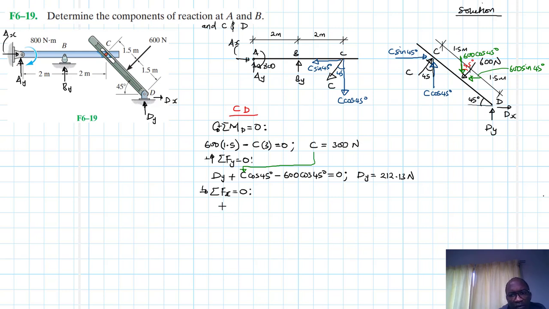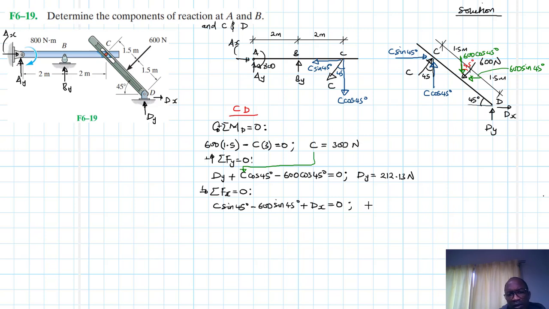What do we have? We have c sine 45, and then minus 600 sine 45, and then plus dx equal to 0.